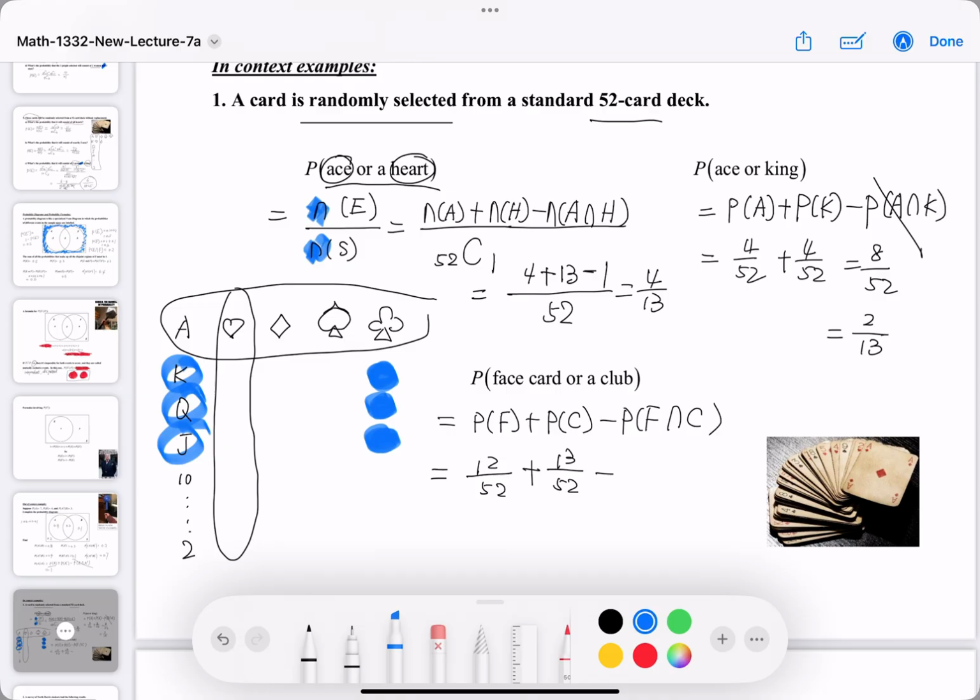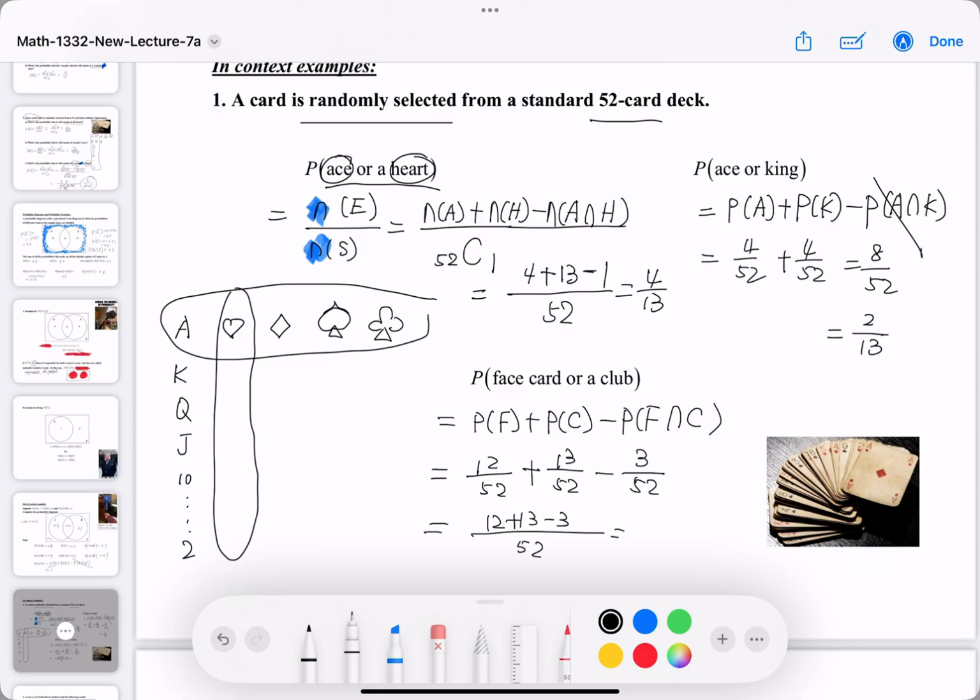We are having 3 of them, that means 3 out of 52. Okay, combine the tops, 12 plus 13 minus 3 over 52. It is 25 minus 3 is 22 over 52. It is 11 over 26.